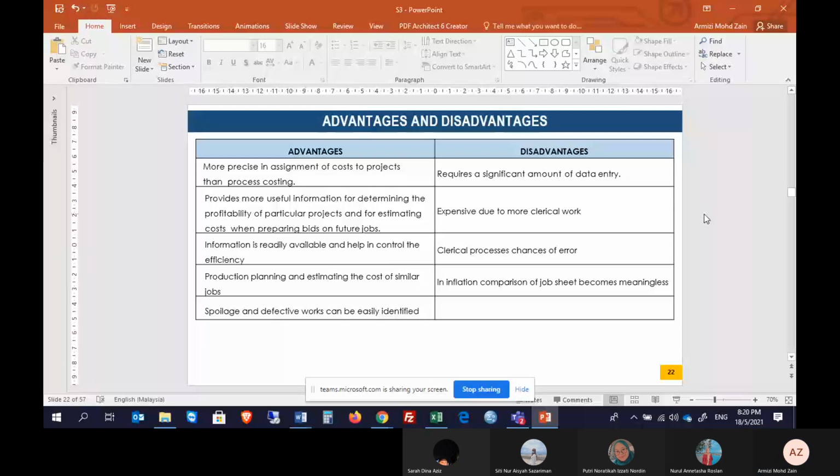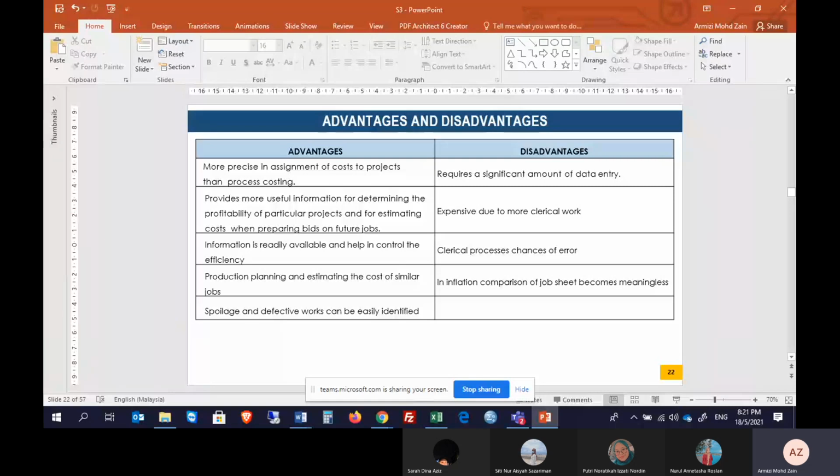Okay, and the advantage is more precise assignment of cost for each project, each job, and it provides more useful information because you have keyed in one by one, so the information is very accurate and very useful for you to charge your customer accordingly.